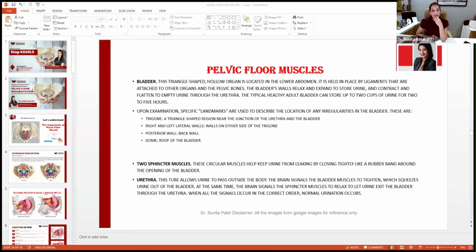Answer me. Anyone of you? No, we cannot, ma'am. Yes, we can't give them Kegel exercise because Kegel means squeeze and hold for a certain time. A patient who has flicker, weak, or no squeeze will not be able to perform that action. So Kegel is not for 0, 1, 2.